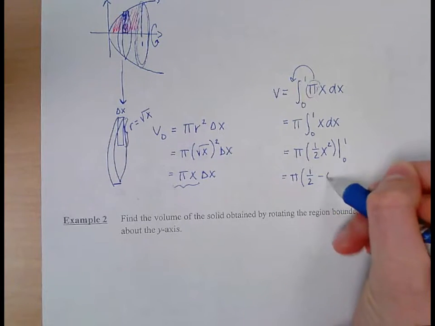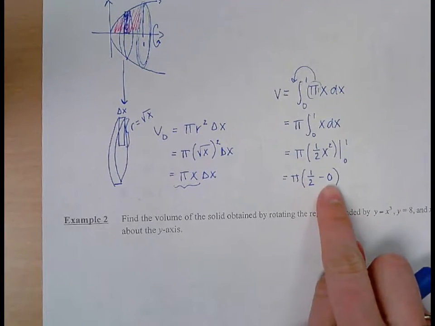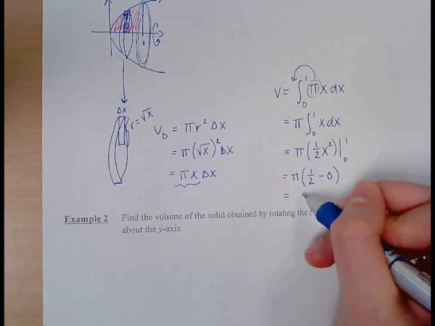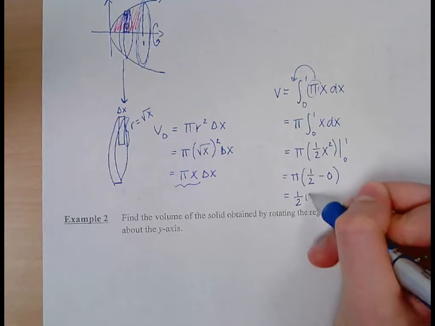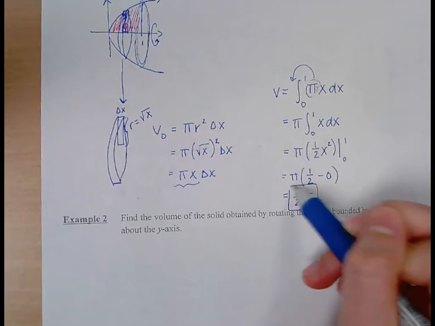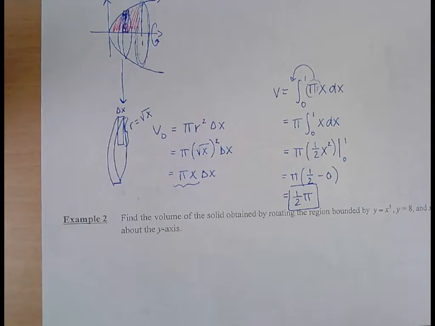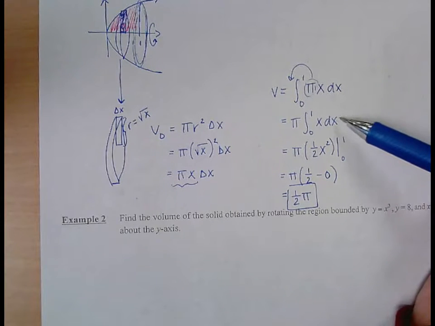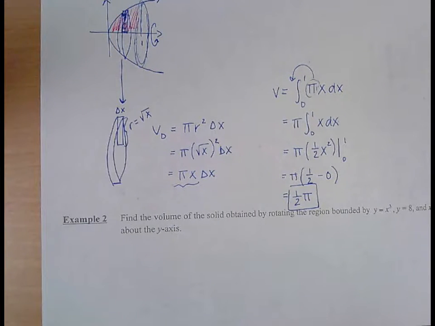I will just write this so you know I'm substituting 0 as well. So my volume of that solid is 1/2 pi. So the tough part, once you have the integral, is figuring out what integral you have. That is the tough part.